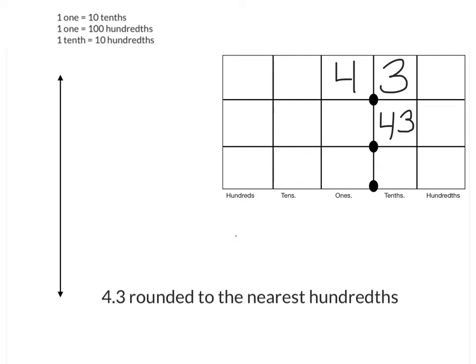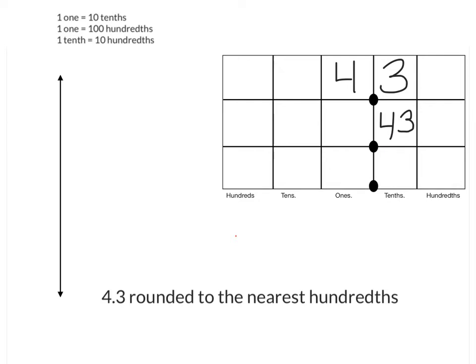I can also do this with hundredths and see what the maximum number of hundredths that I can take out is. And so again, I have 4 ones. Now this time that we're looking at hundredths, we know that 1 one is equal to 100 hundredths. That's the same thing. And so in this case, if I have 4 ones, that means that I have 400 hundredths. I also have 3 tenths, and 1 tenth is equivalent to 10 hundredths.